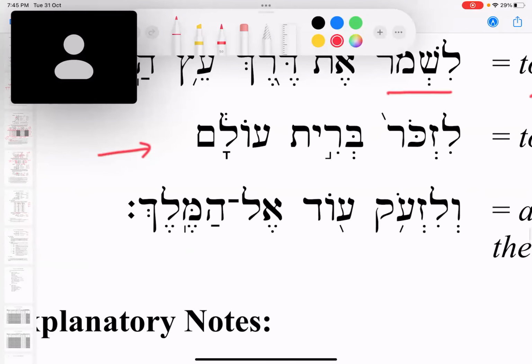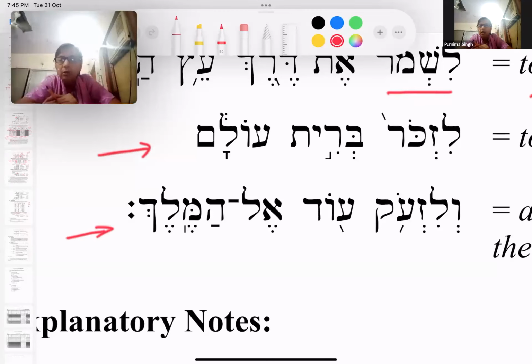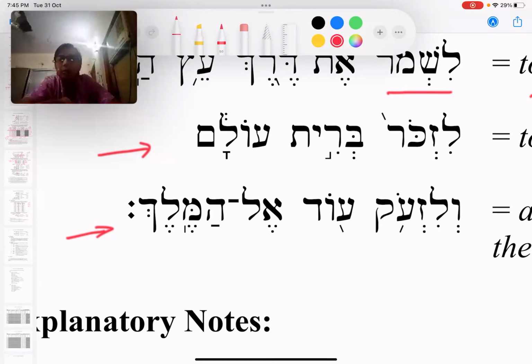Then this one, Ve Liz Oak. Did anyone read this? Velis Oak Od El Ham Melek. What is the meaning of Liz Oak?